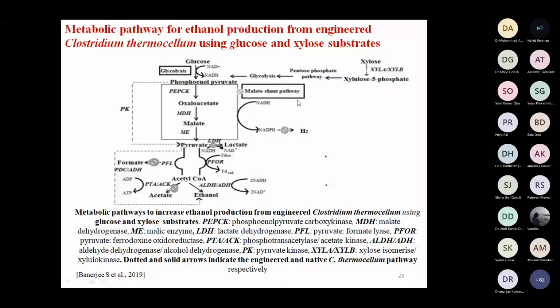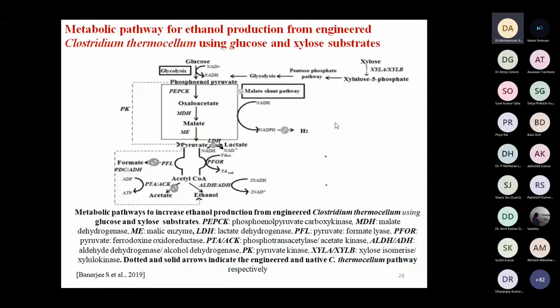This can be overcome by introducing this path, which will be pyruvate kinase, directly converting phosphoenolpyruvate to pyruvate, omitting this path. So these are the ways to overcome the barriers. And these are the barriers actually. What are the barriers? Your reducing equivalents.